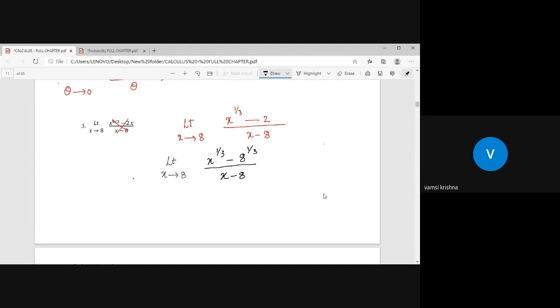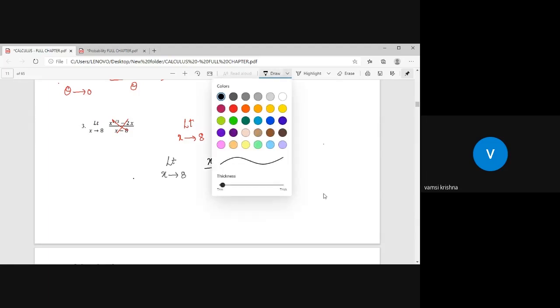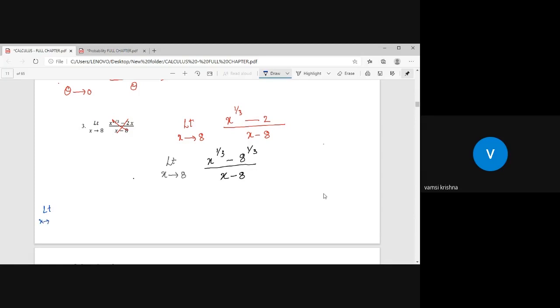Now this is in the formula, limit x tends to a. I hope you remember the formula. I already gave the formula: limit x tends to a of (x power n minus a power n) by (x minus a) is equal to n into a power n minus 1. So in this format, you have n into a power n minus 1.